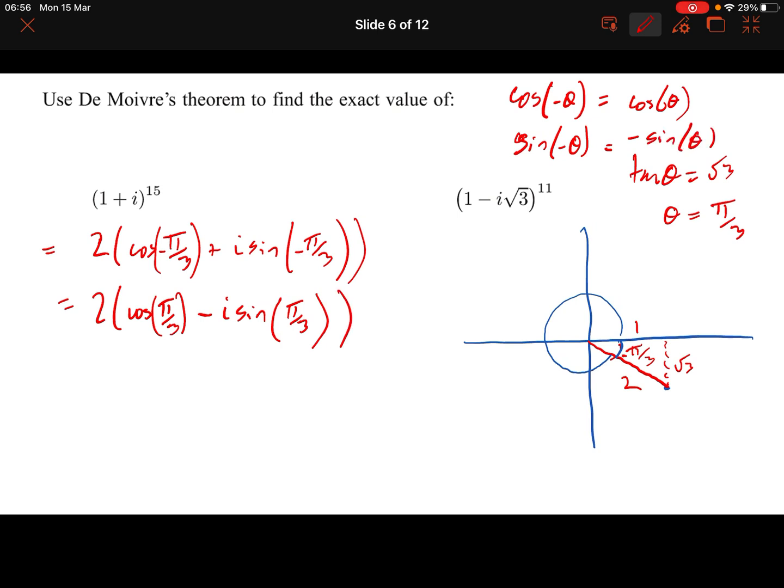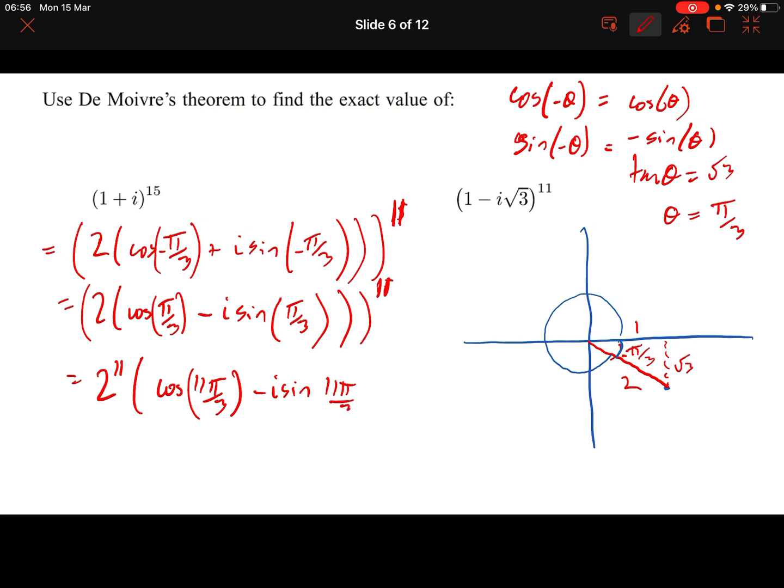And what I'm going to do now is raise everything to the power of 11. The question is 11. So I can rewrite this as 2 to the power of 11, cosine of 11 pi over 3 minus i sine of 11 pi over 3.